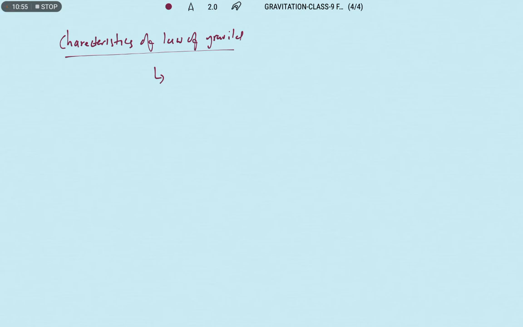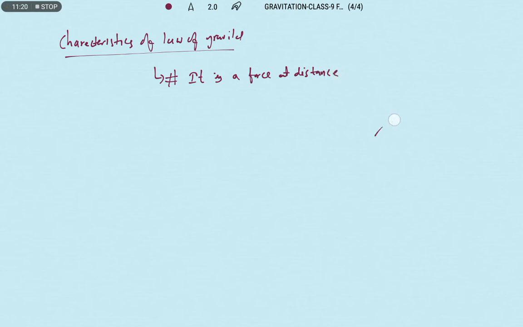That means whether there is contact or no contact, a force of gravitation must exist between the two bodies. That's why we can simply say that it is a force at a distance. So what is the meaning of this?